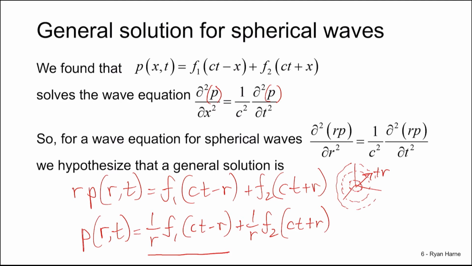But for the example that is f2 of ct plus r, this implies that the waves converge to the origin in time, which also implies that energy increases in time. This is incorrect. It's not physical. So we ignore this solution to the spherical acoustic wave equation in one dimension R as being mathematically correct, but physically unreasonable and not physical.